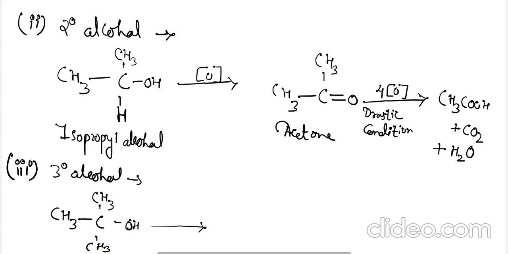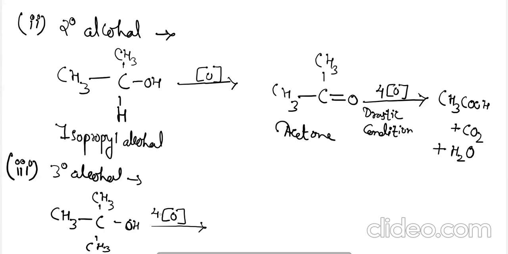In the tertiary alcohol case also, the oxidation is very difficult, because they do not have a hydrogen there. They have only alkyl groups, so the alkyl groups deny the oxidation process there.